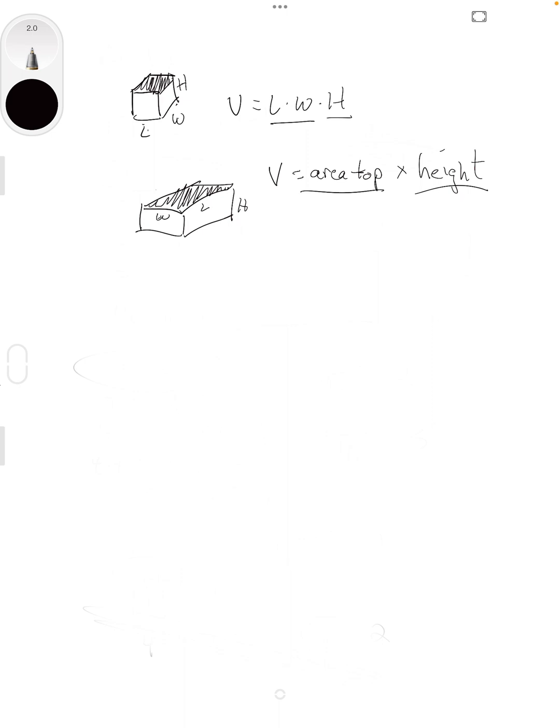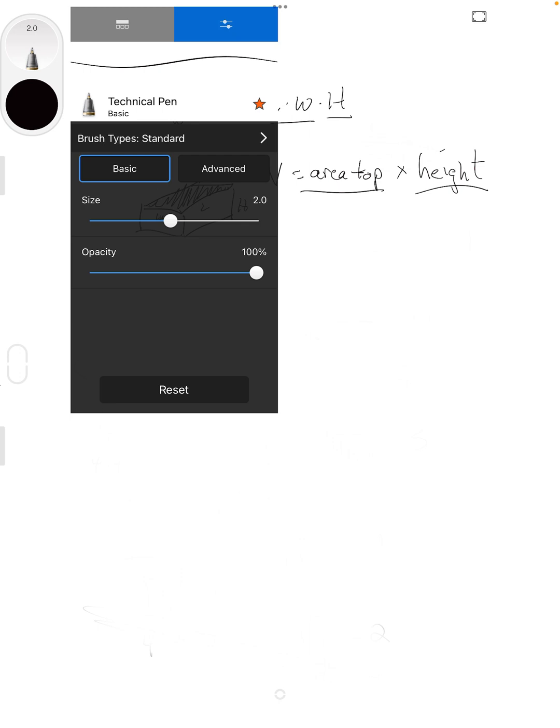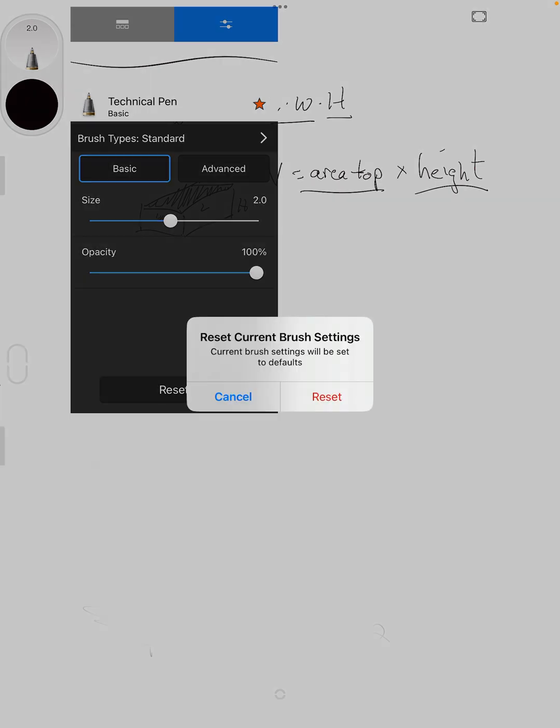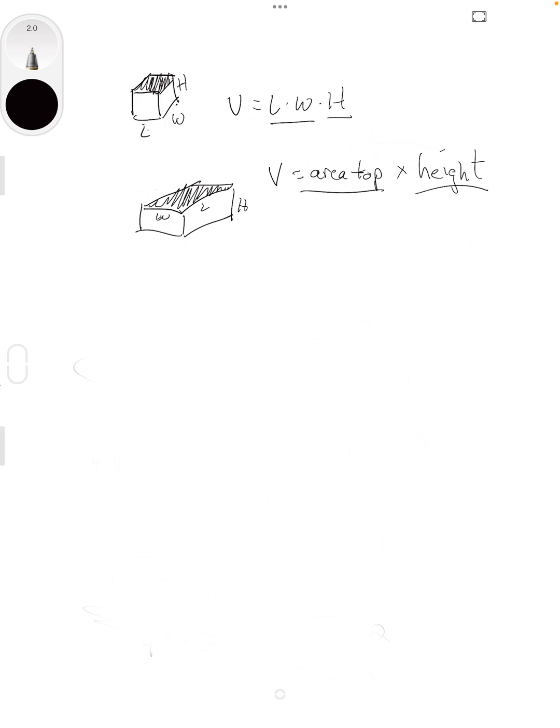Well, that comes into play if you have an object that, say, looks like this, let's say you've got here, here, here, here, and here, and here, here, and here, and here.